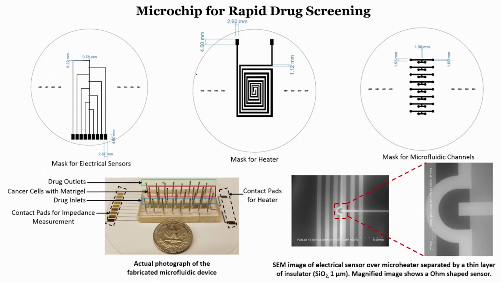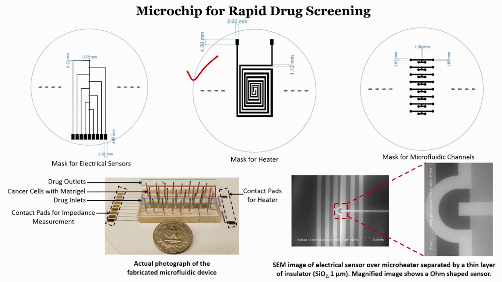At the bottom, the first step is your micro heater. Why do we require a heater? So that we can achieve 37 degree centigrade for the cells to be alive, similar to the temperature of the incubator.